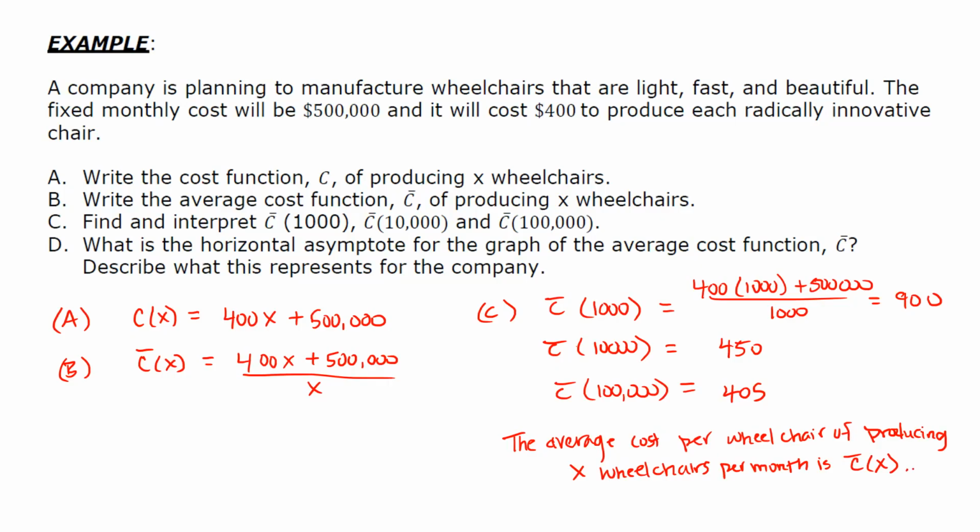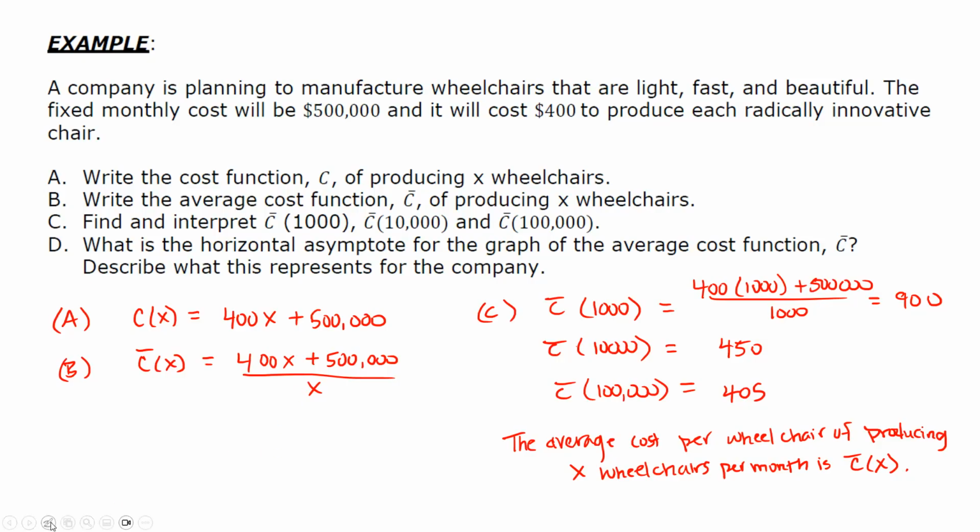In other words, when we plugged in 1,000, the average cost per wheelchair of producing 1,000 wheelchairs per month is $900. The average cost per wheelchair of producing 10,000 wheelchairs per month is $450. The average cost per wheelchair of producing 100,000 wheelchairs per month is $405.